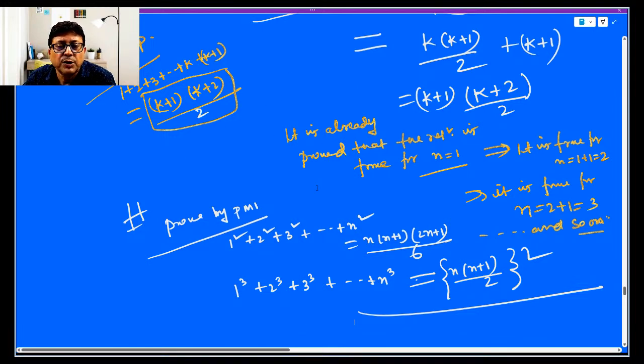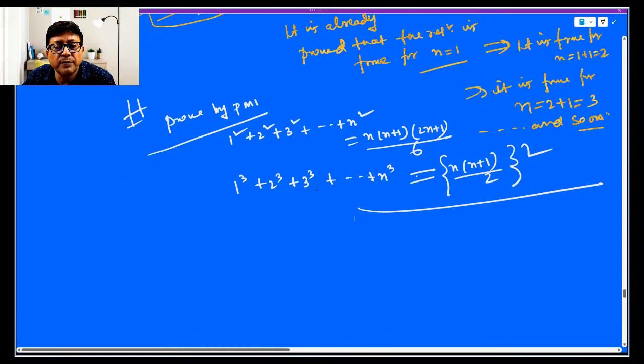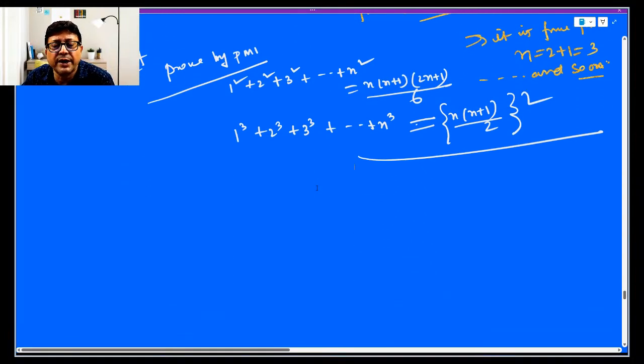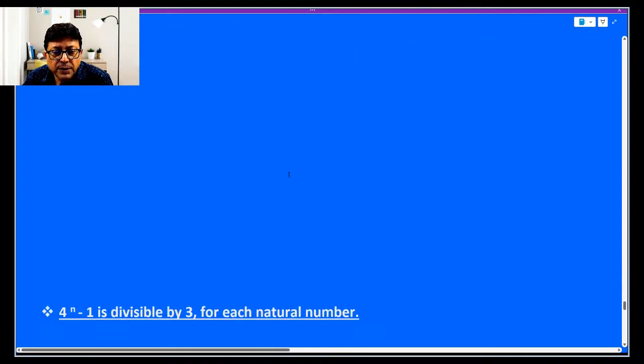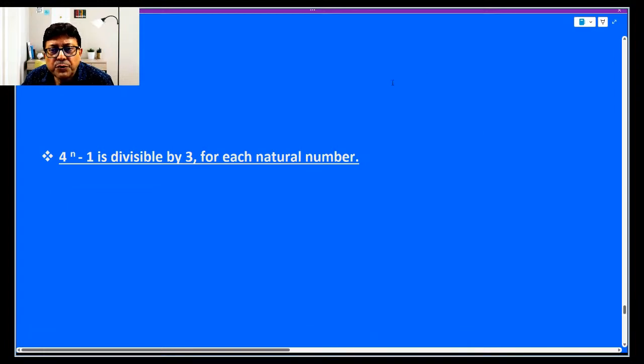Done. Now let us go for solving a few sums. We are going to apply the principle of mathematical induction in solving sums.